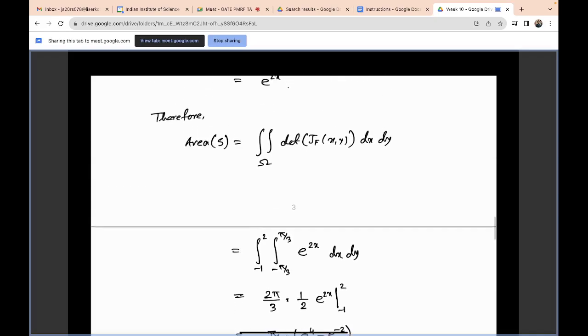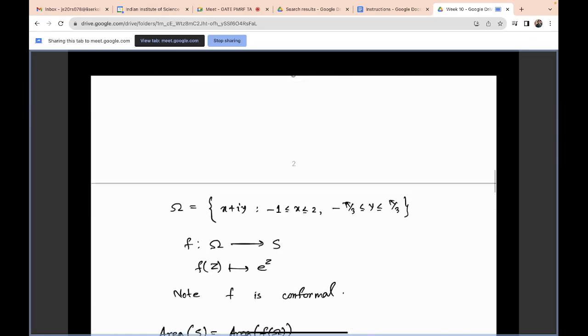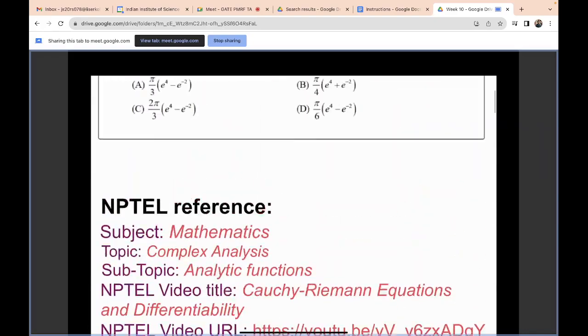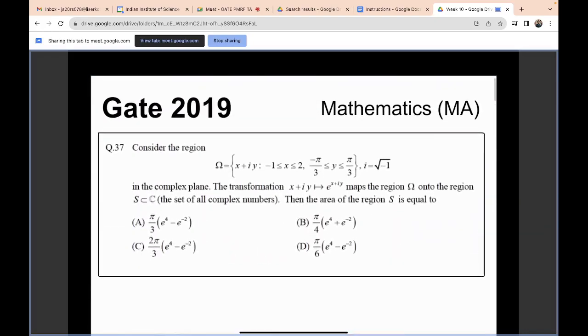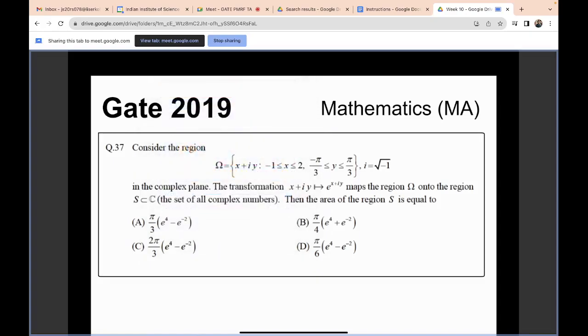So we have got the area of S is given by pi by 3 times e to the power 4 minus e to the power minus 2. So let's see which option is correct. The first option is pi by 3 e to the power 4 minus e to the power minus 2. So option A is correct, and all the other options do not match.